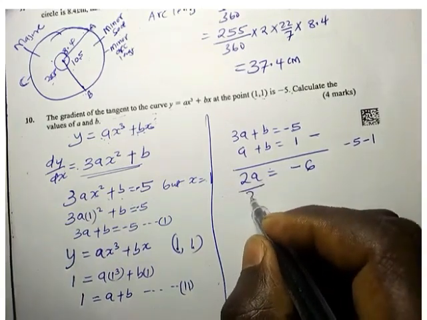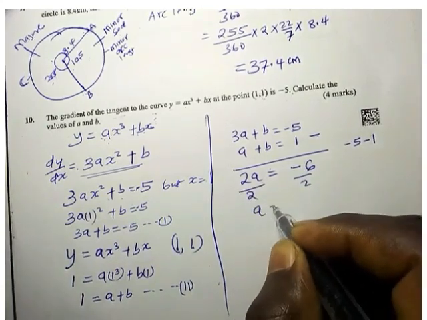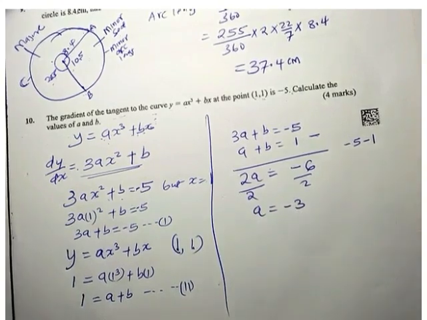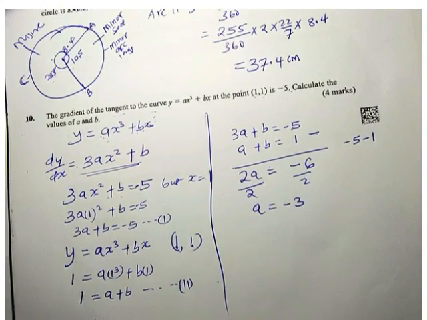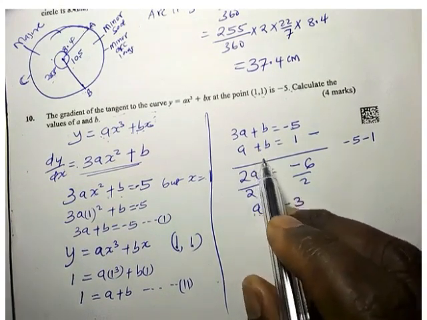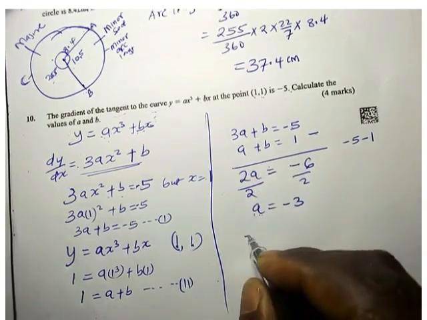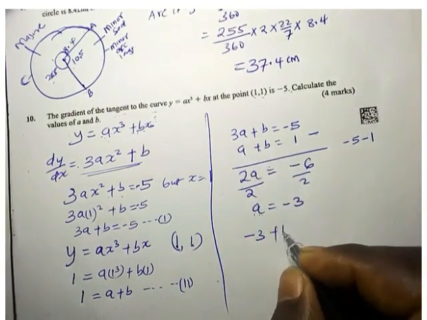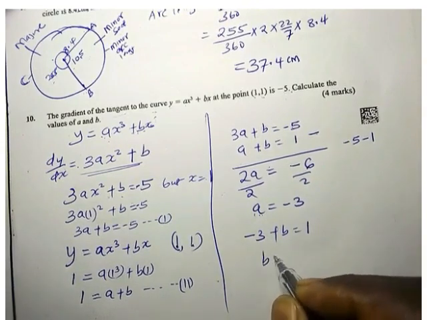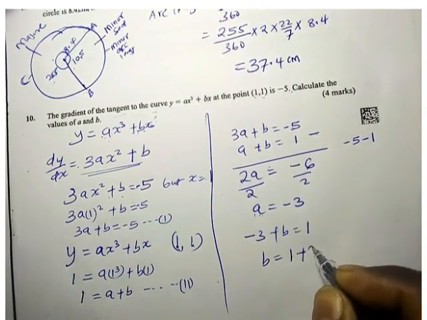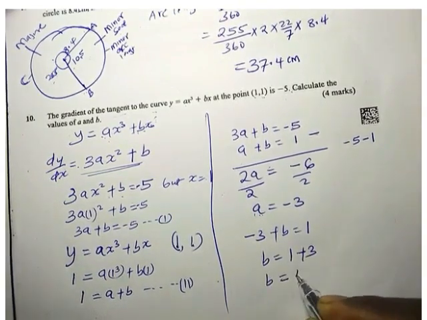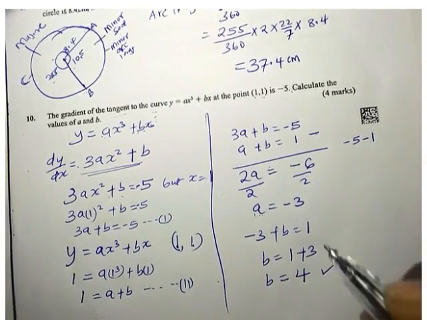So divide by 2, divide by 2. So a is negative 3. Now you can substitute the value of a here and get the value of b. So negative 3 plus b equals 1. So b is equal to 1 plus 3, so b is equal to 4. And those are the values of a and b.